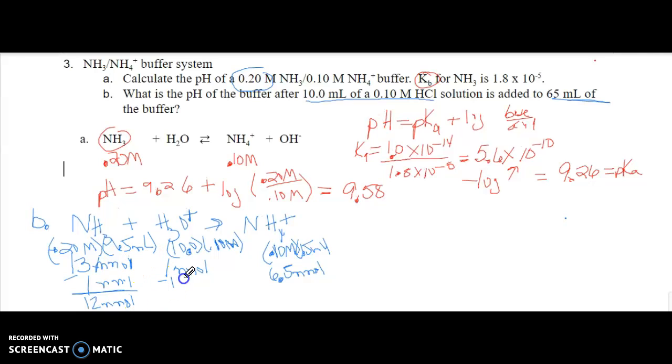I'm going to use up all of my acid, the strong acid. I'm going to zero that, and I'm going to add 1 millimole to this to get 7.5 millimoles. So key idea here is stoich is in moles.